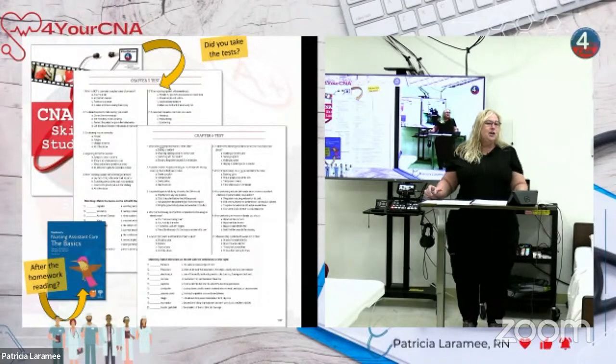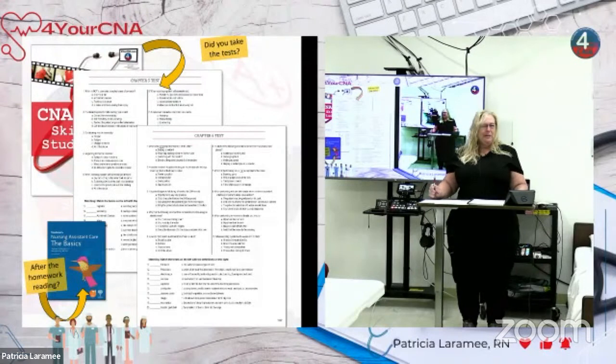Supine is on your spine. Okay, so supine is on your spine. Prone is posterior up. Okay, so P and P. Prone is posterior up. Fowler's is kind of a hard one.